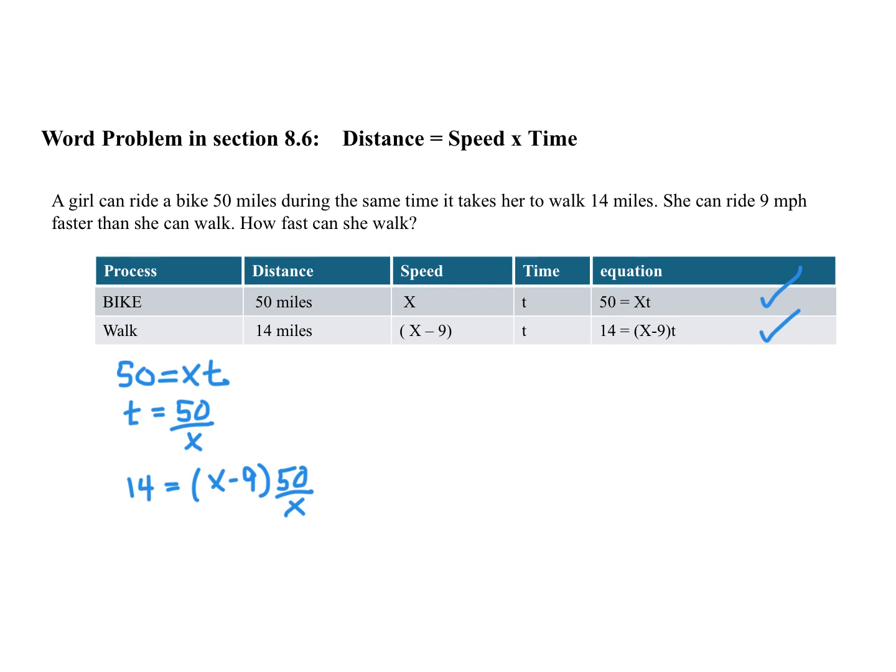So to solve for x, we're going to multiply both sides of the equation by x first.